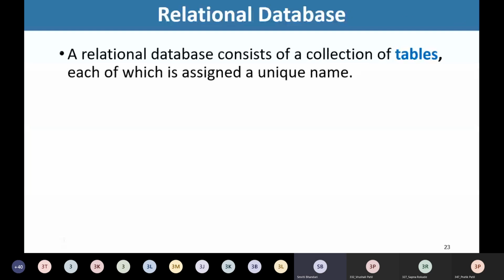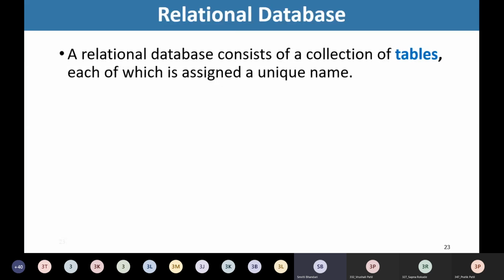So we are talking about the relational database. As we have already mentioned, a relational database consists of a collection of tables, each of which is assigned a unique name. If we relate it with the ER model, for every entity set and for every relationship set, we probably have one table in the relational database.